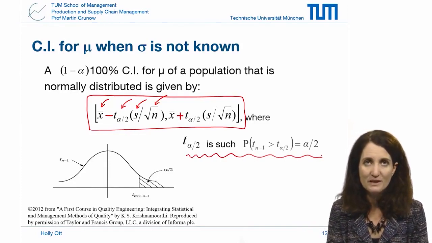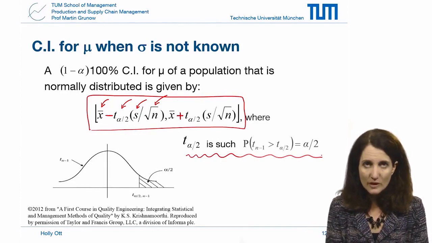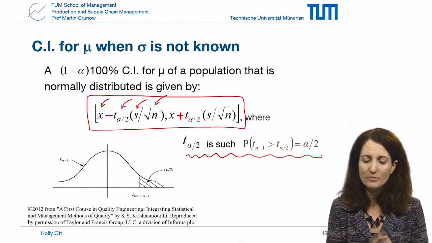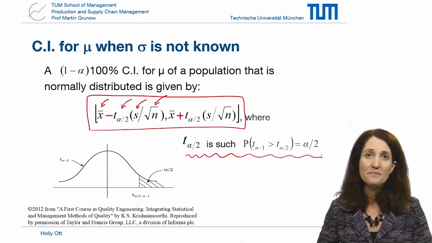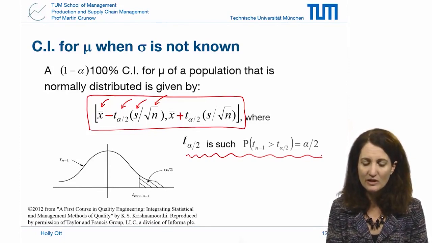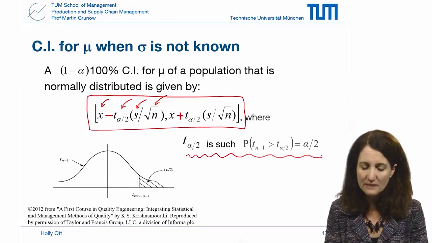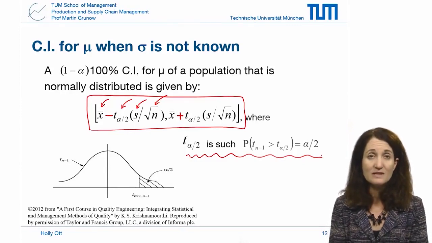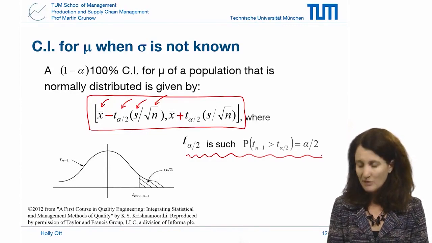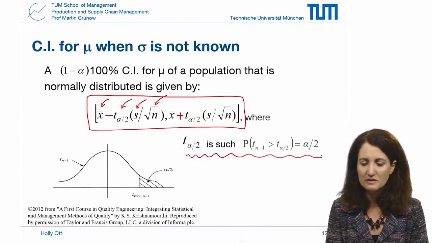So the new thing here, other than calculating S, is that we have to look in the T table. Don't be worried, you've done a lot of looking things up in Z tables. I know in practice you'll be using statistical packages or computers to calculate the T alpha over 2 and the Z alpha over 2 values, but we want to show you here how the table works. For the problems, we'll be giving you the values.